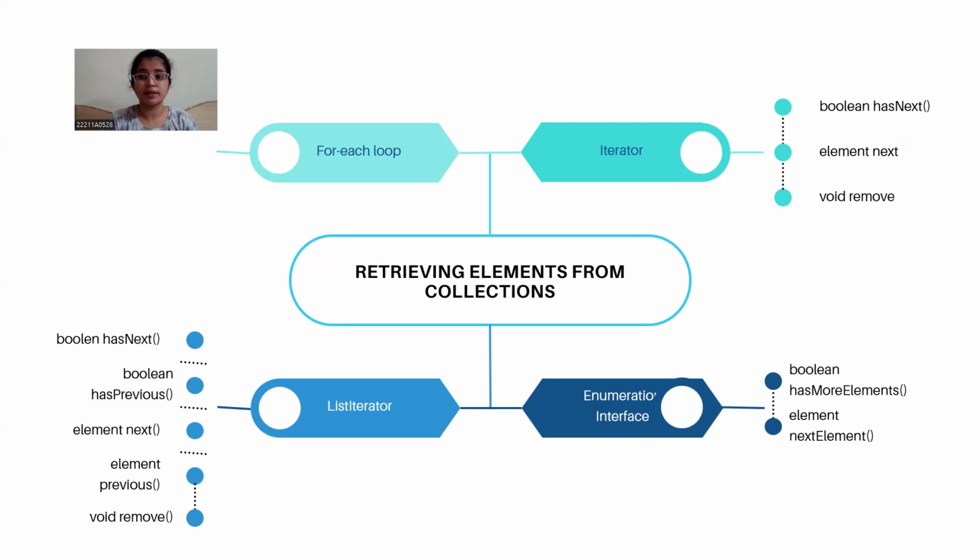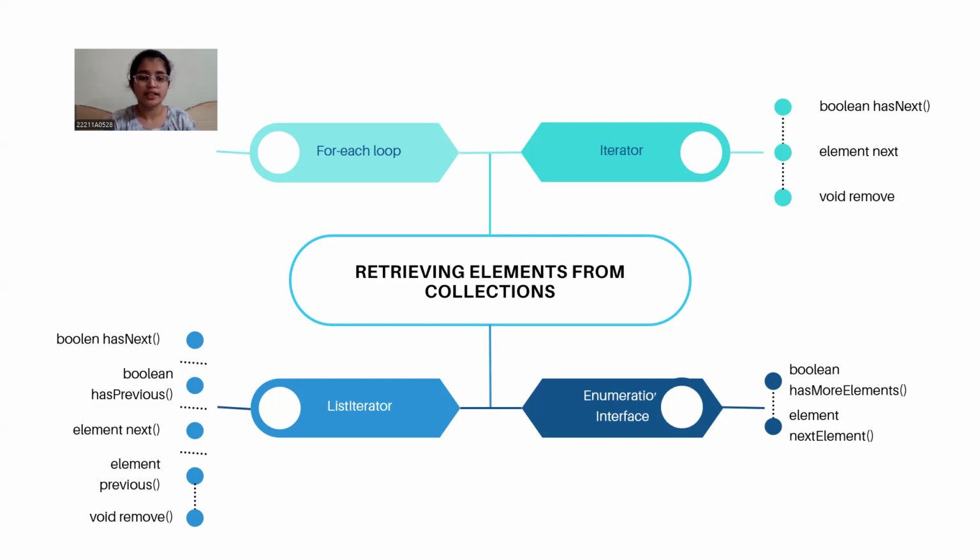There are basically three methods we generally use in the iterator: the hasNext method, the next method, and the remove method. hasNext returns a boolean value whether the next element is present or not. The next method will return the element present in the iterator. Remove is used to remove the element.